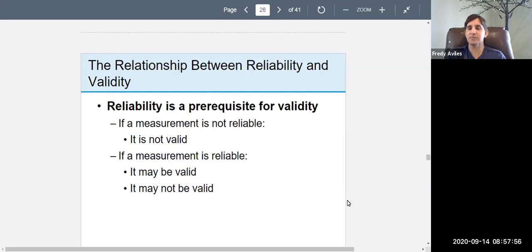However, if you have a measurement that does measure something reliably, consistently, then it may be valid or it may not be. Let's say you have a test of intelligence. It measures something very reliably. All these measures of intelligence that are published are very reliable.